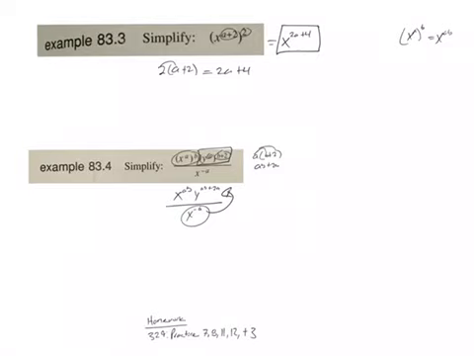So this is going to be x to the ab times x to the a times y to the ab plus 2a. Let's work with those two. So I add exponents, so it's going to be x to the ab plus a, y to the ab plus 2a.